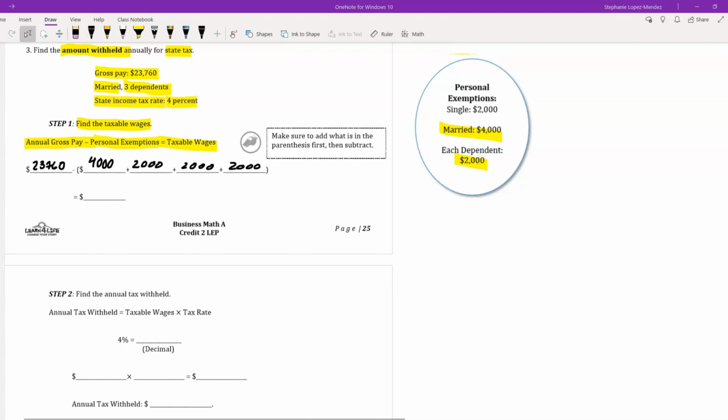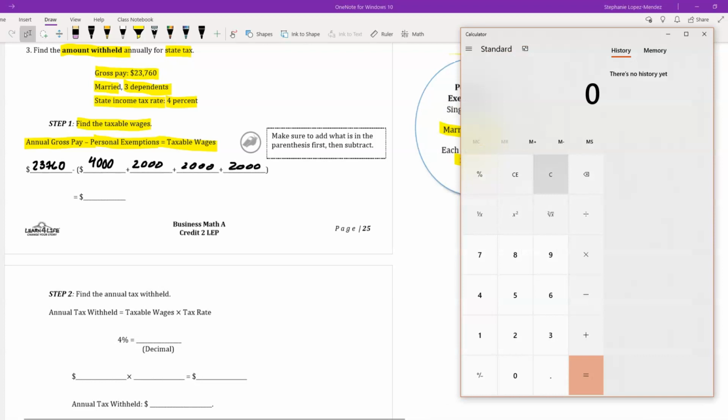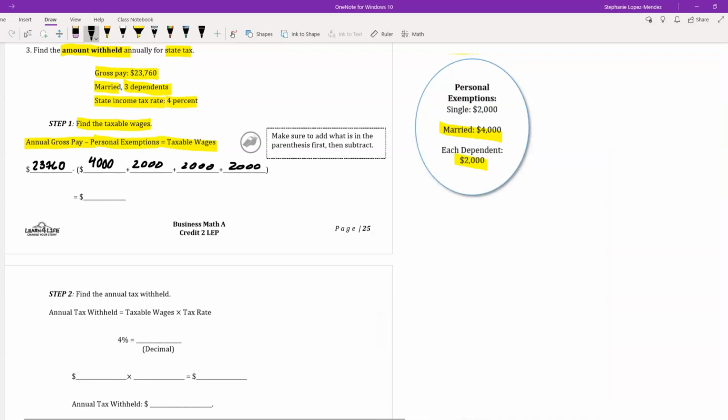So first, let's do our addition of all the personal exemptions. So we have $4,000 plus $2,000 plus $2,000 plus $2,000. So that's a total of $10,000. Right, so I'm just going to write it here so we know that all this amount gave us $10,000.